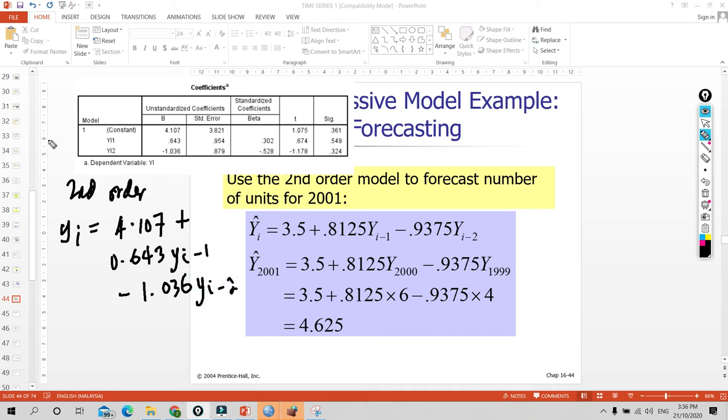Now let's say I want to forecast with the autoregression model for the year 2001.